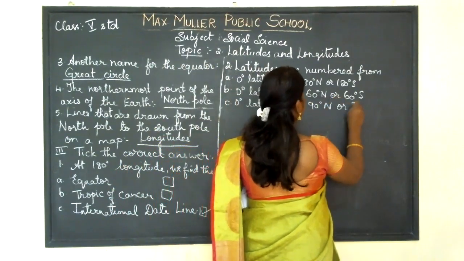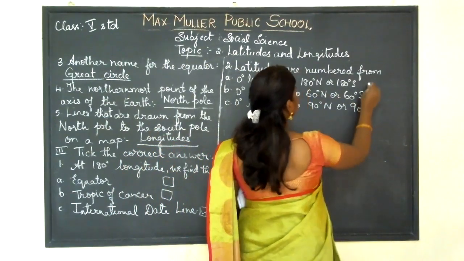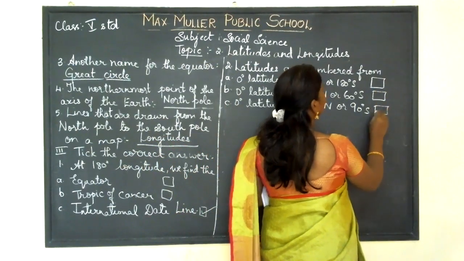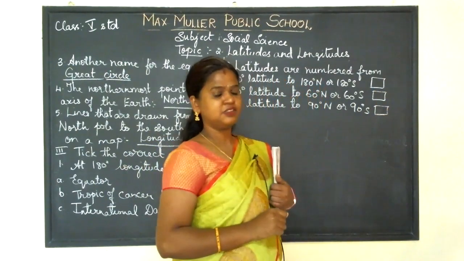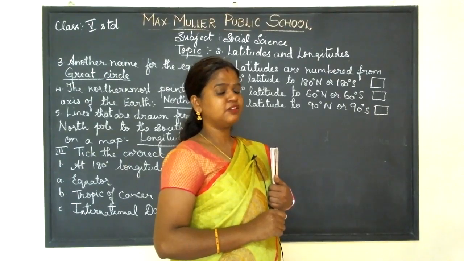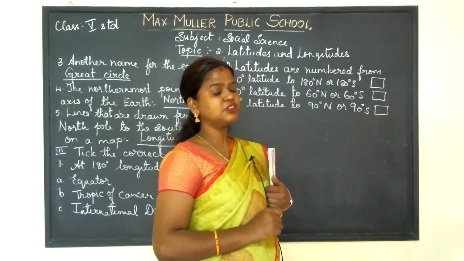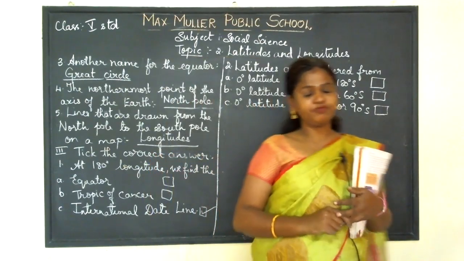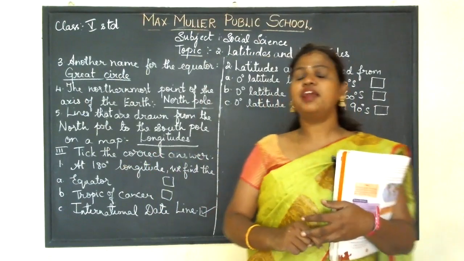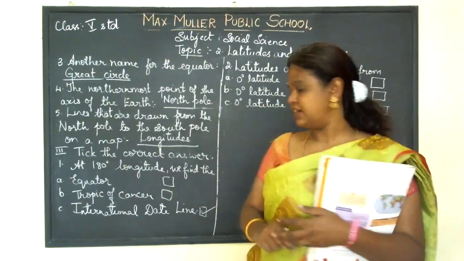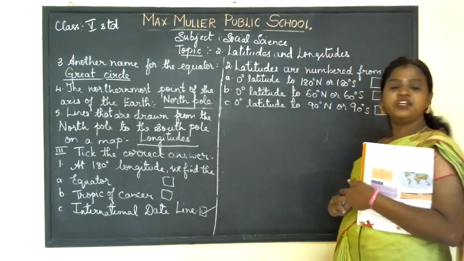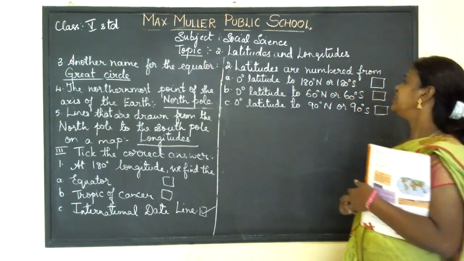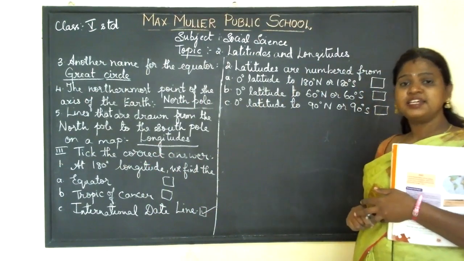or 90 degree south. So children, I told you people that the latitudes are imaginary lines which are drawn parallel to the equator from north to south, right? And here they have asked you from what numbers the latitudes start. And here they have given you three options. The first option is 0 degree latitude to 180 degree north or 180 degree south.